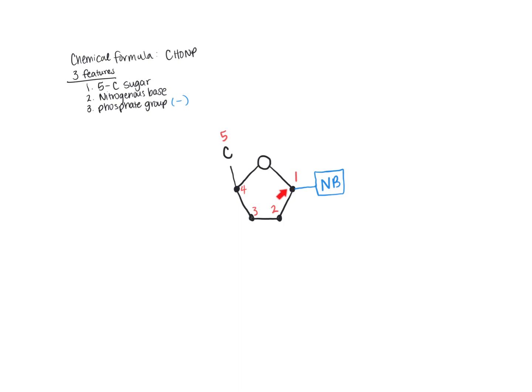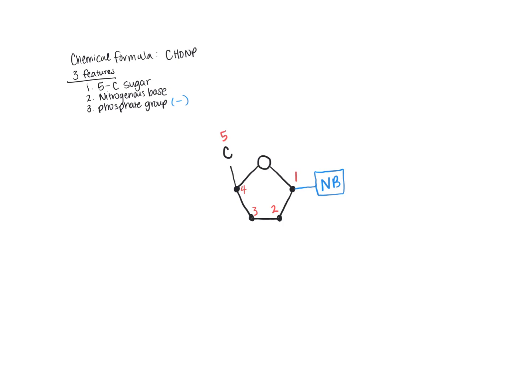And understand that carbon can form 4 covalent bonds thanks to its 4 valence electrons. But I'm not going to draw every bond that you can see on this carbon. It gets too sloppy. I'd rather focus on what you look for to help you distinguish between ribose versus deoxyribose. So there is another bond here, but I'm going to keep it nice and clean by drawing just what you need to know. So this is that nitrogenous base, adenine, thymine, cytosine, guanine, or including uracil if this is RNA.